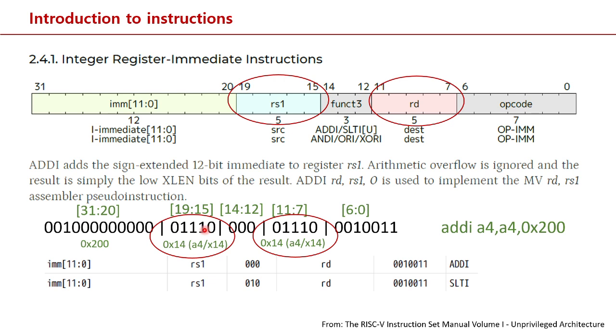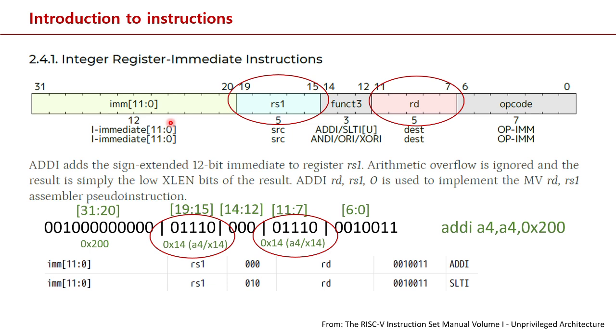This indicates that the first source register is the a4 register, just like the destination register. Bits 7 to 11 have 0x14, so we derive the fact that the destination register is the a4 register. The last thing we are going to do is to check the second operand.